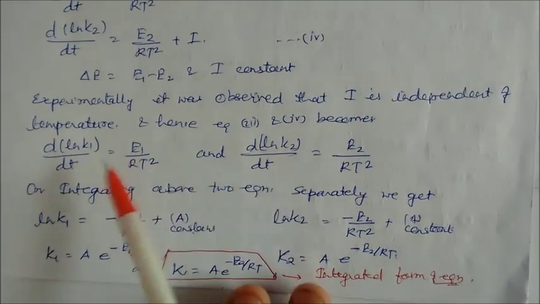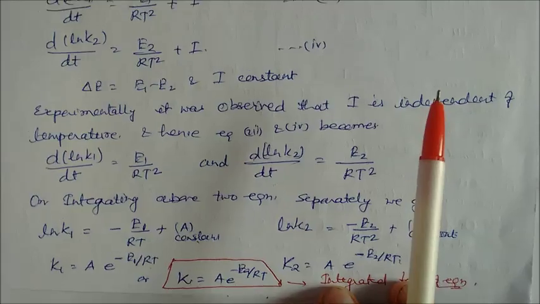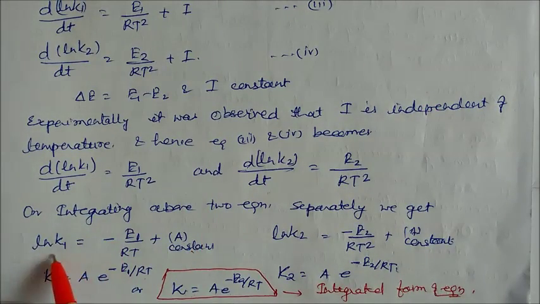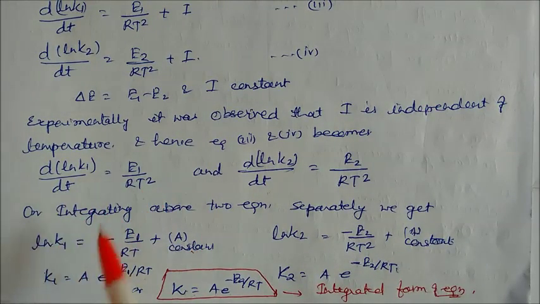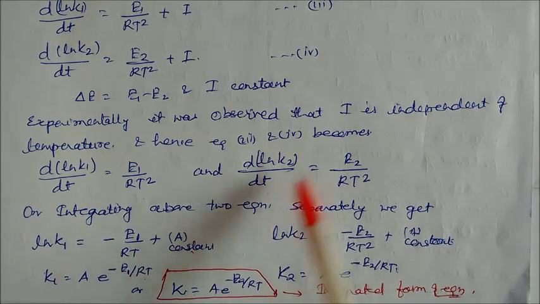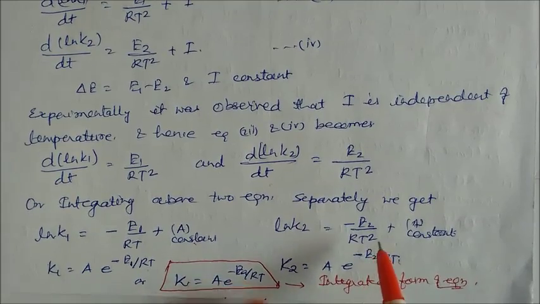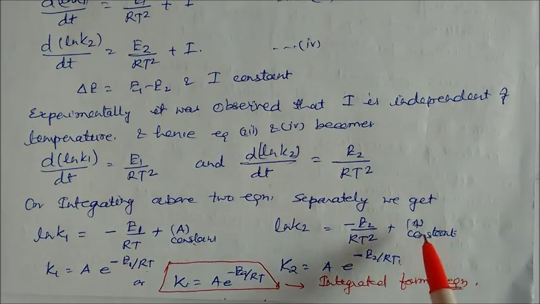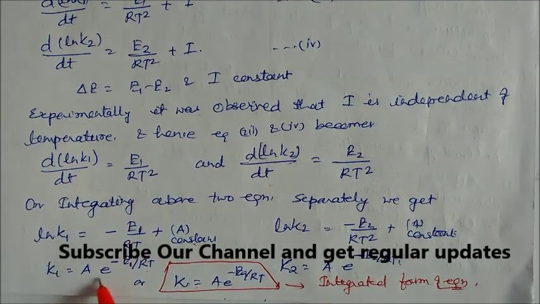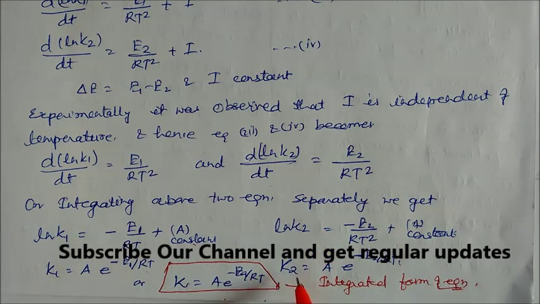Now if you integrate these two equations, you will get natural log K1 equal to minus E1 by RT plus constant A, and similarly natural log K2 equal to minus E2 by RT plus constant A. So K1 equals A into e to the power minus E1 by RT, and K2 equals A into e to the power minus E2 by RT. If you compare these two equations, we can write them in one form.